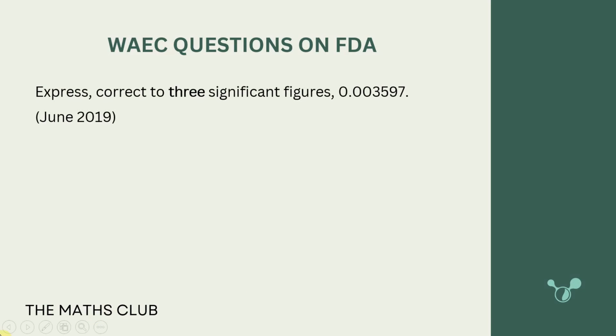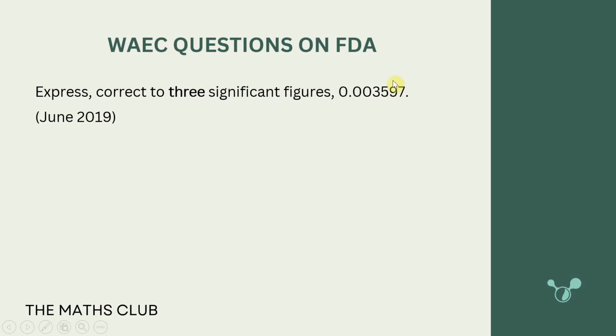This one says, express correct to 3 significant figures. You are in 2019. Based on what we did on significant figures in one of the old videos, we said significant figures start from the non-zero digits. So this is 3, significant figure 1, significant figure 2, significant figure 3. But after the third digit, we have 7, and 7 is greater than 5.